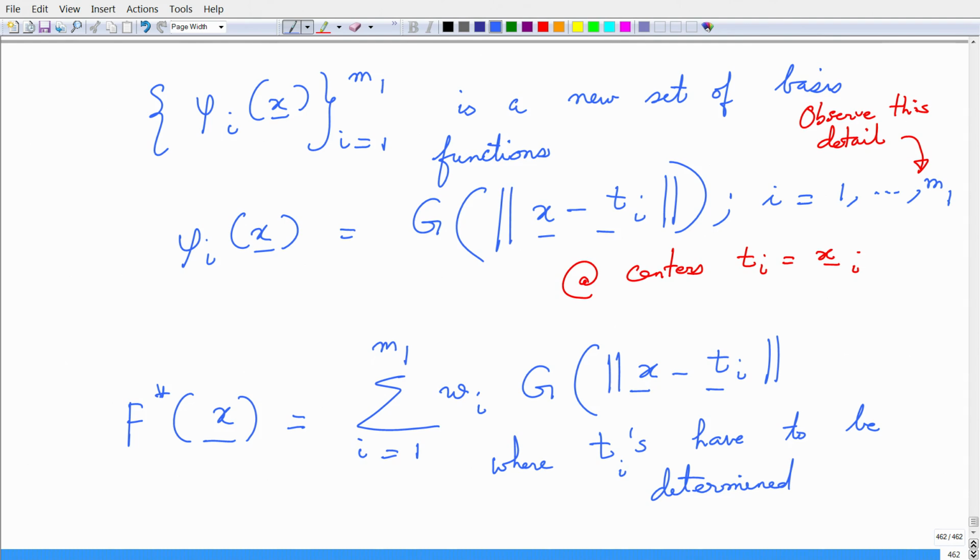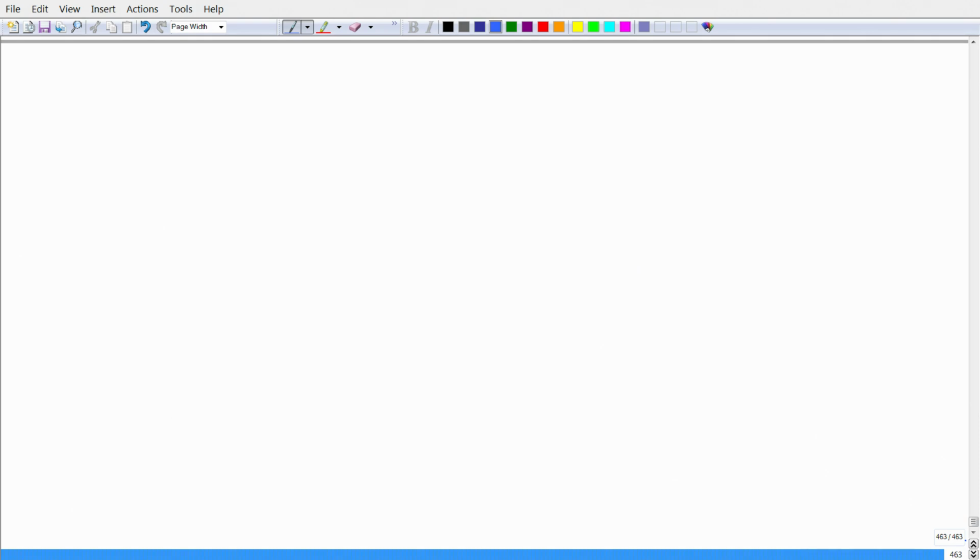Because if I choose t_i to be x_i for i equals 1 to capital N, it is my original problem, but I do not want that. I want to restrict my solution for i equals 1 to M1. So, let us see how we can formulate the functional.